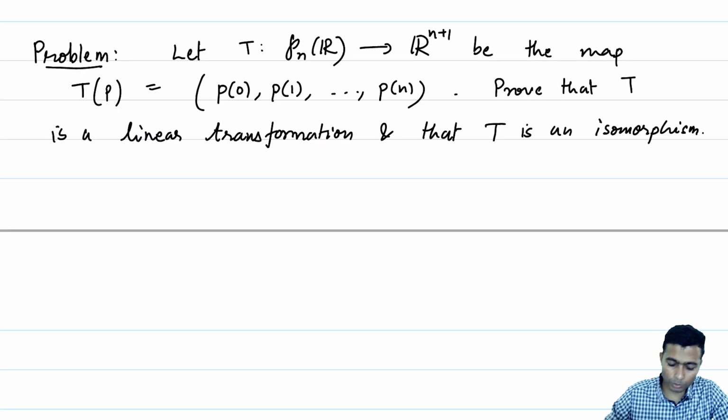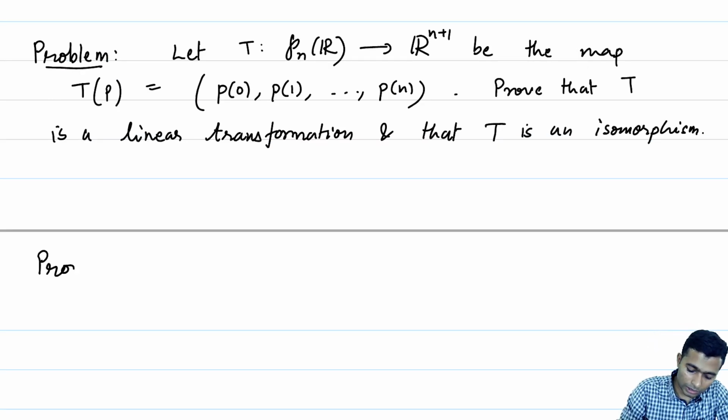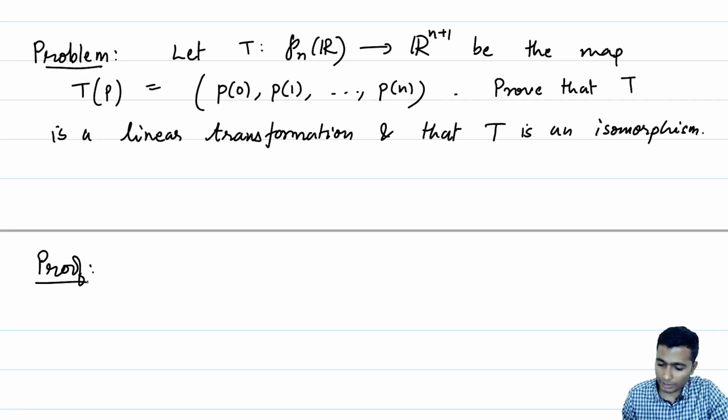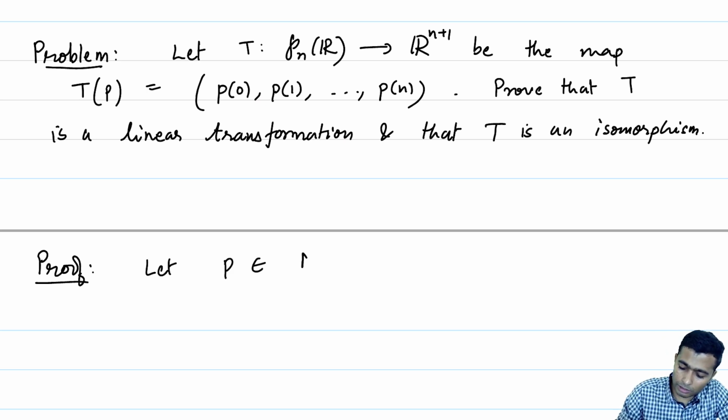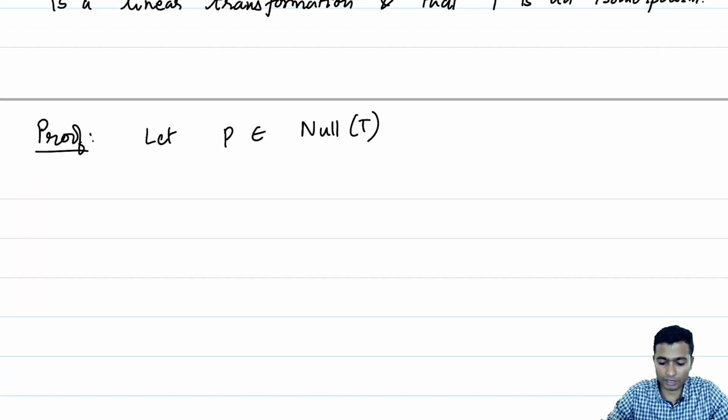Okay, so one of the most essential things to establish that it is indeed an isomorphism is to check that it is injective. Now, to check that something is injective, what do we need to do? It is injective if and only if the null space is the zero subspace, right? So let's pick some vector. Let P be in the null space of T. What does it mean to say that P is in the null space of T?